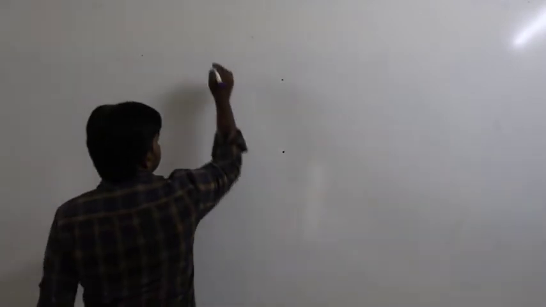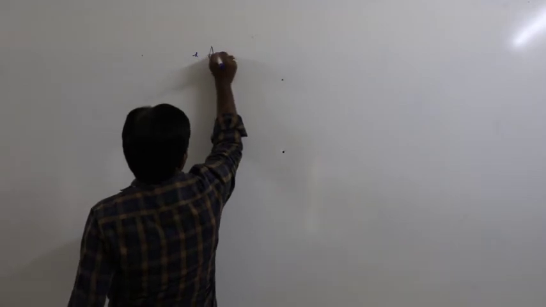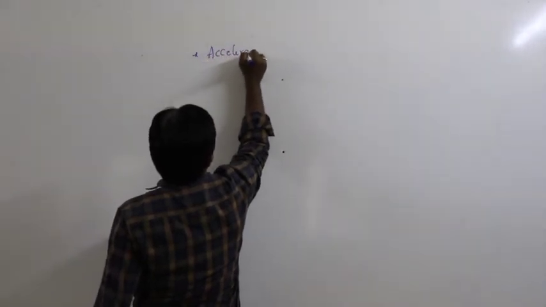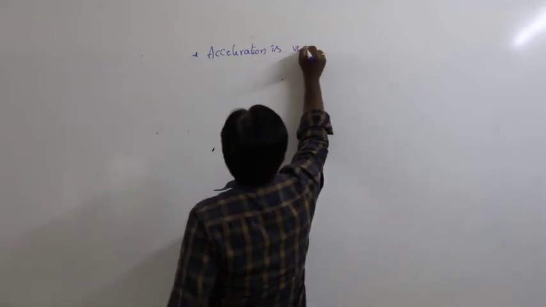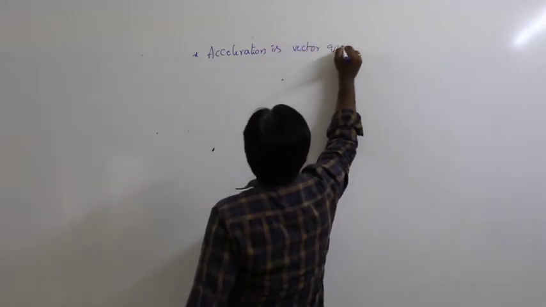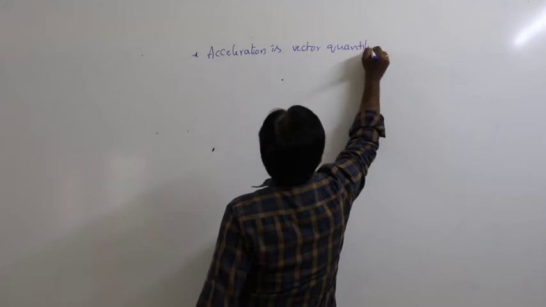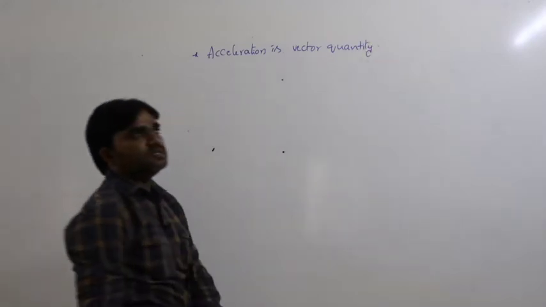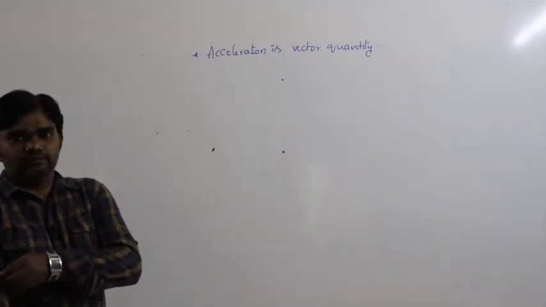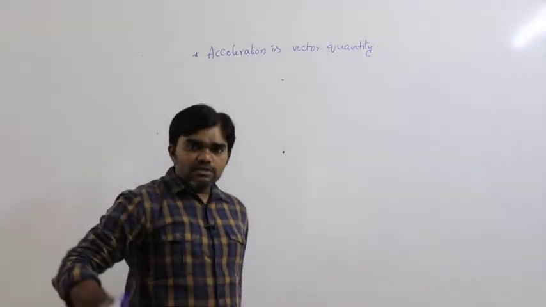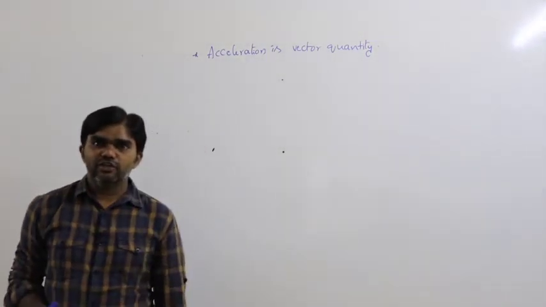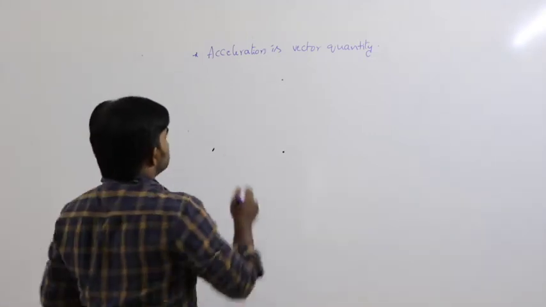Next, here the condition is that acceleration is a vector quantity. So what is the direction of acceleration? Vector means it must have both magnitude and direction.